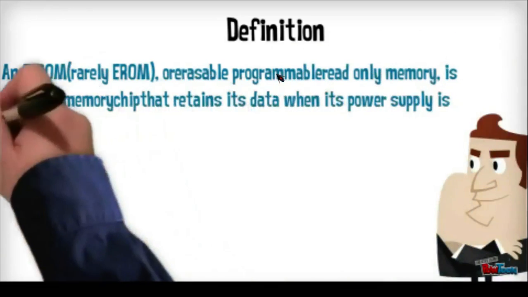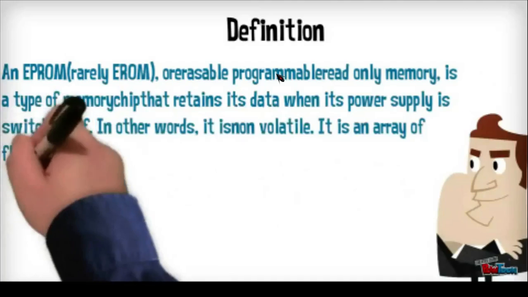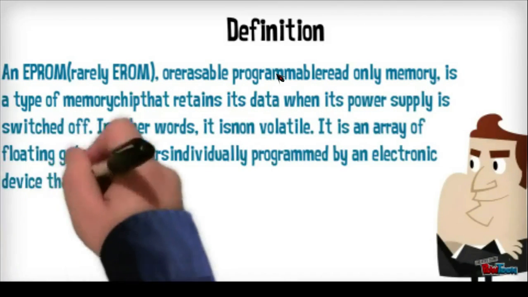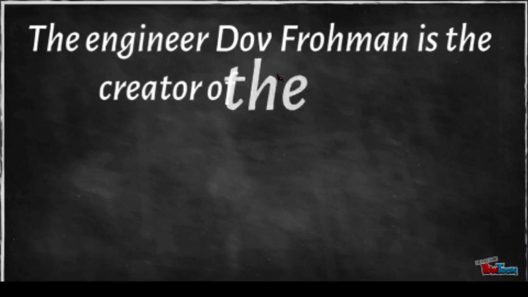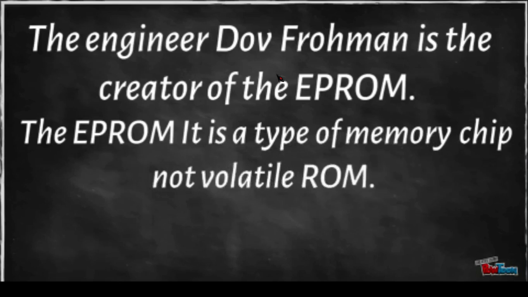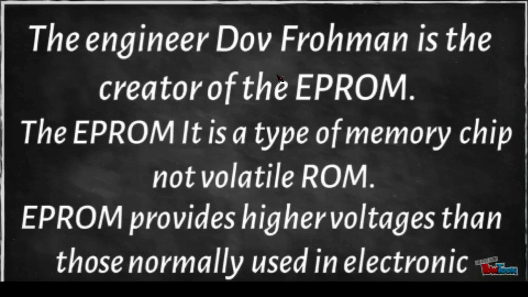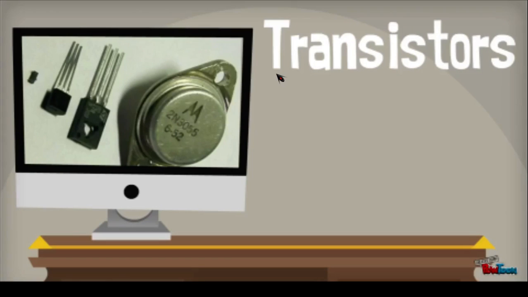It's an array of floating gate transistors individually programmed by an electronic device that supplies higher voltage than those normally used. The engineer Dov Frohman is the creator of the EEPROM. EEPROM provides higher voltage than those normally used in electronic circuits.